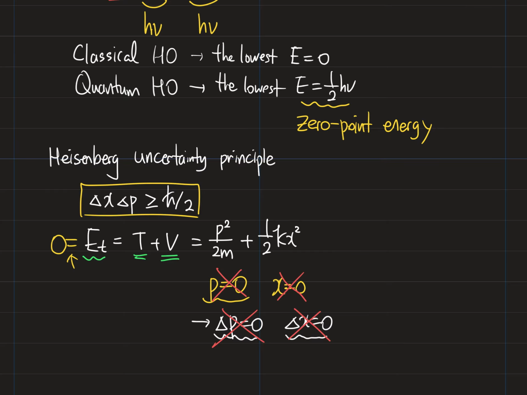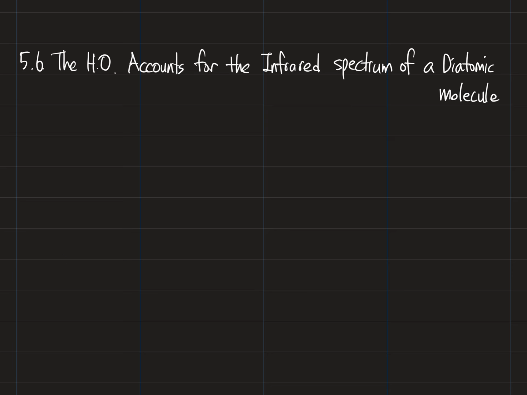Okay, let's move on to the next section. Section 5.6, the title is The Harmonic Oscillator Accounts for the Infrared Spectrum of Diatomic Molecules.